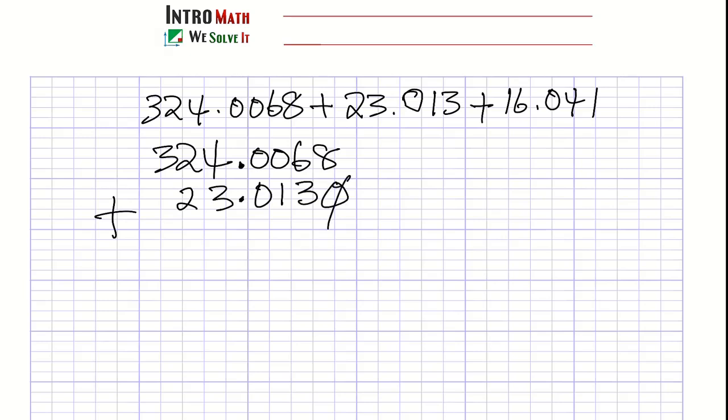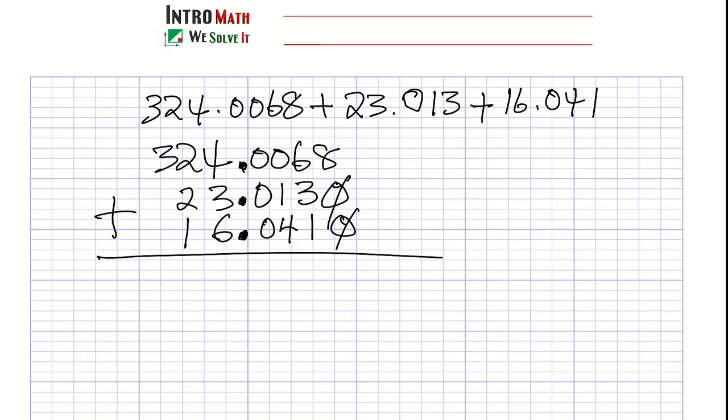It doesn't change the value of the number. And then you do the same thing with the other figure, 16.041. You can put 0 there without changing anything, and then you draw this line. The trick is to line everything up. Even the decimal point, you line it up too, right? Like I said before, you line it up.